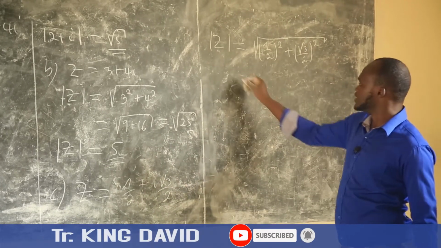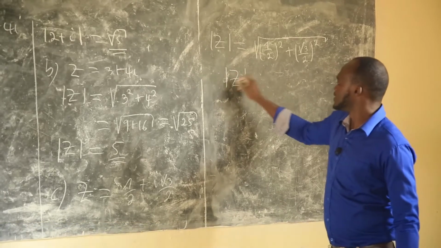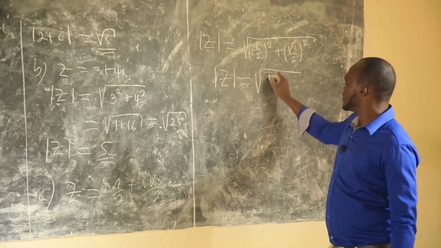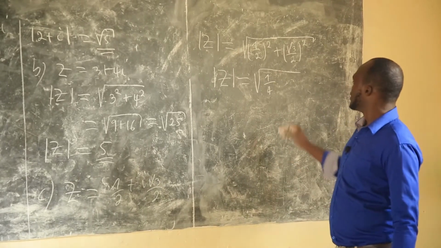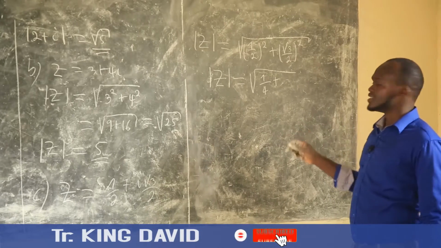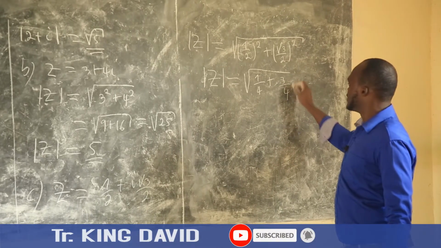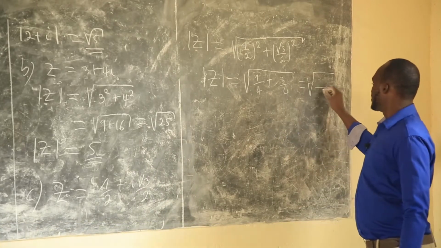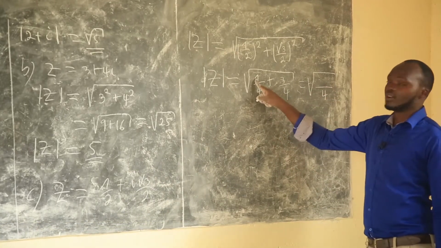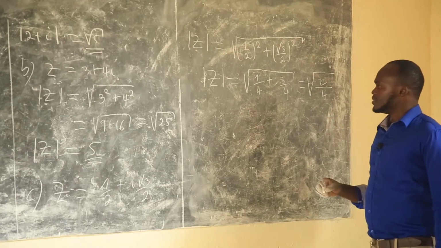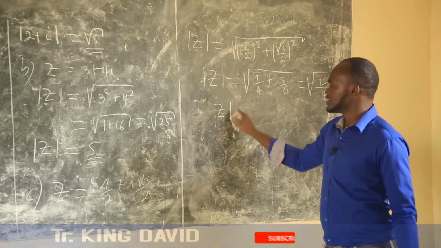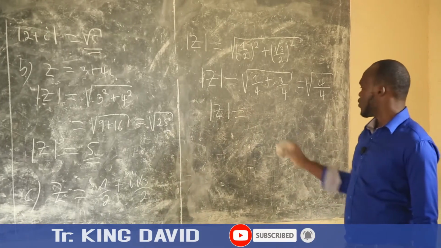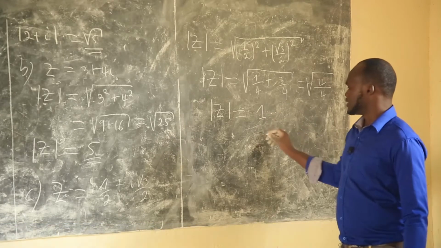A half squared is 1 over 4, a quarter, plus root 3 over 2 squared, that is 3 over 4. They have the same denominator, so we add the numerators, 1 plus 3, 4. The modulus of z is the square root of 1, which is 1. So that is the answer.